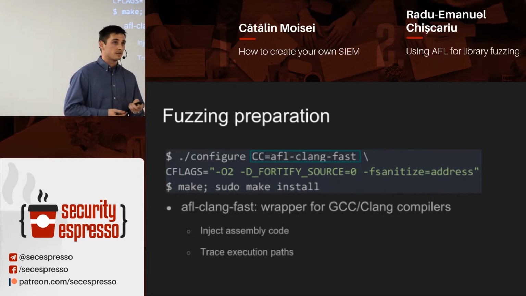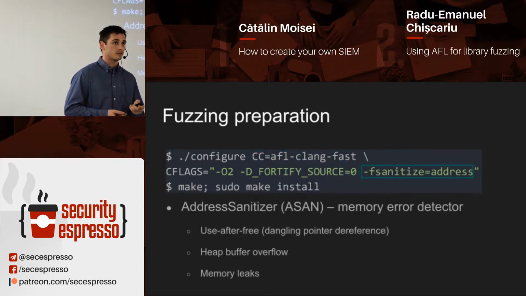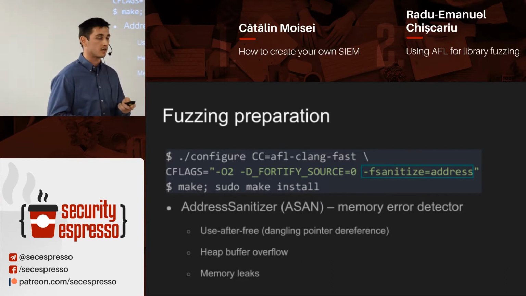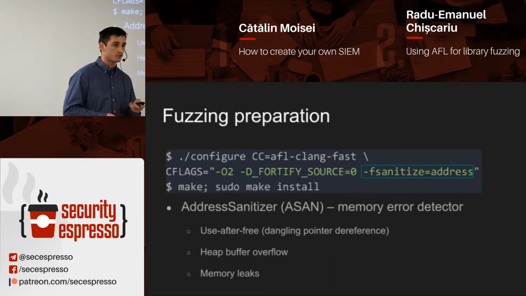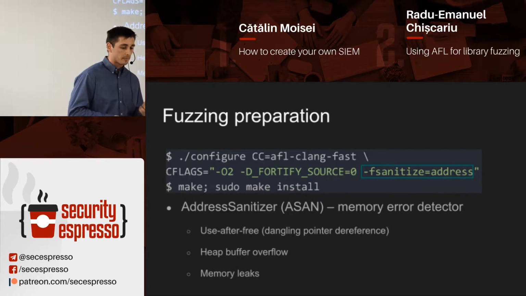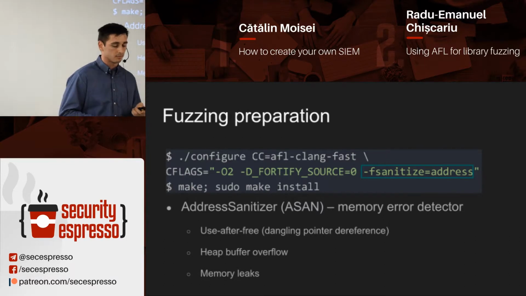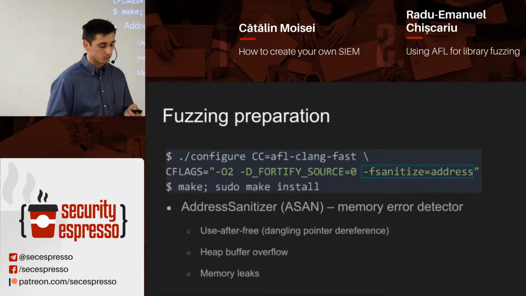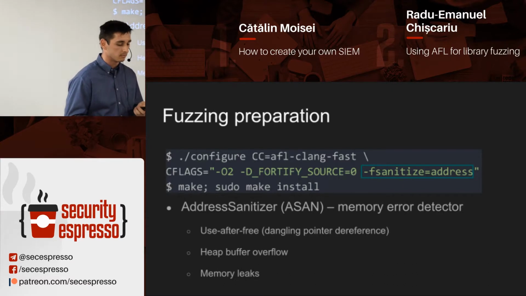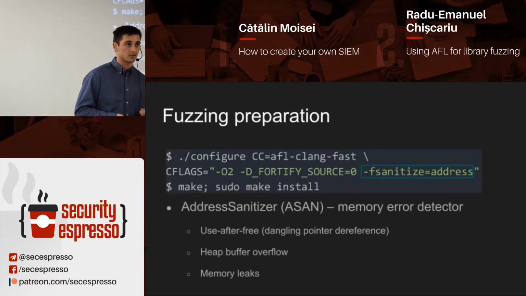Another thing that we do is compile the sources using this flag, -fsanitize=address. What this effectively does is allow you to compile the sources using AddressSanitizer, which is a tool for C projects that allows you to find memory-related issues, those juicy ones that security researchers love, as for example use-after-free, heap-based buffer overflows, and so on.